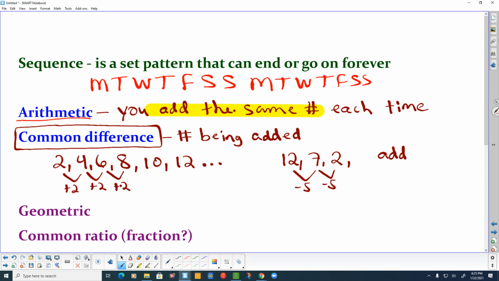You can look at it and think about it as subtracting, but you're adding a negative 5 each time. So the next number in this list, add negative 5, we'll be at negative 3. And it goes on forever. That's an arithmetic sequence. In a nutshell, the numbers go forever. You're adding the same number even if the number you're adding is negative.